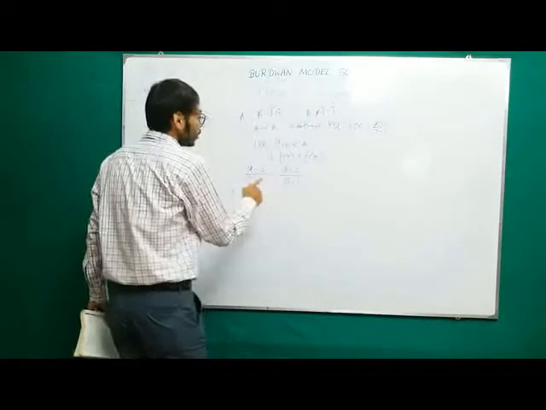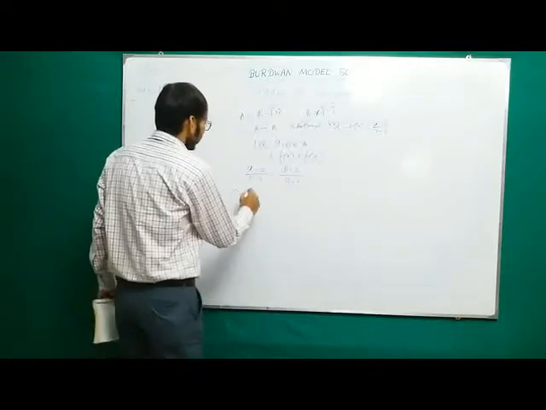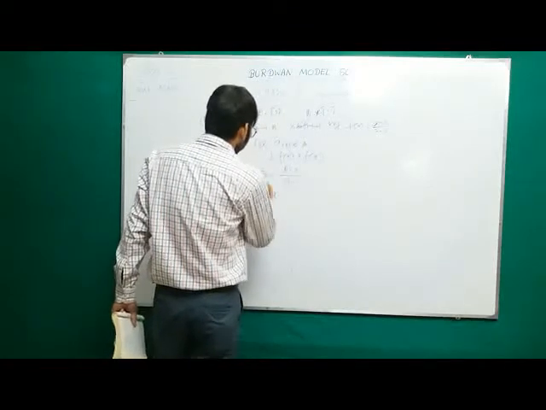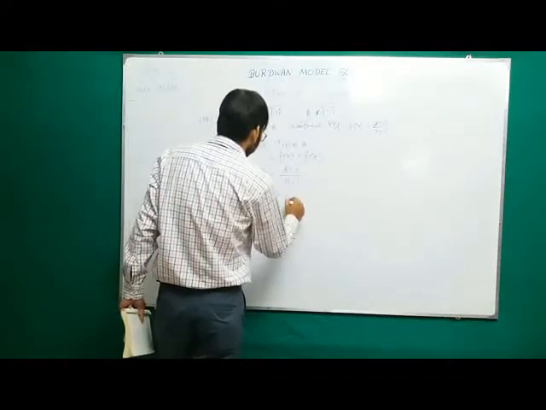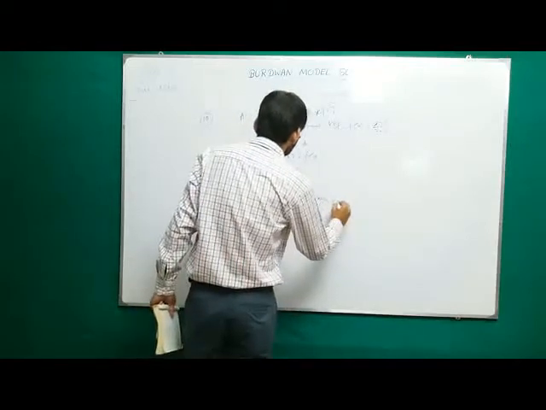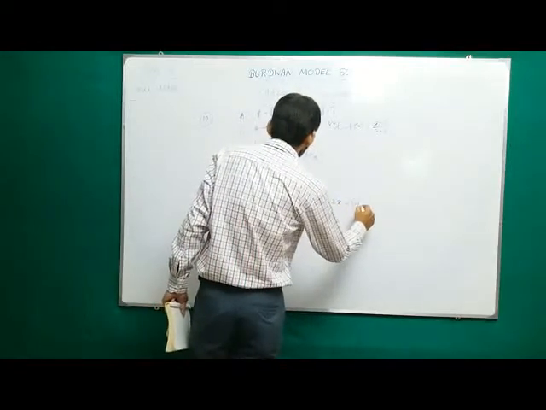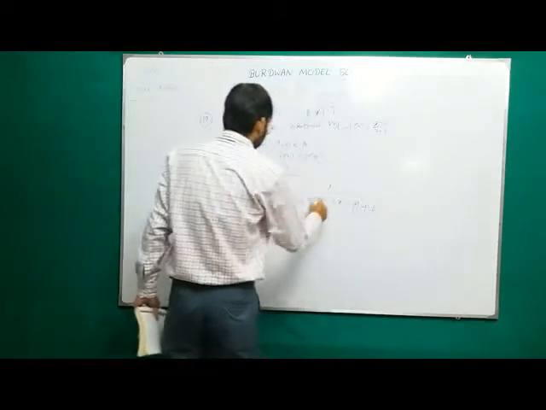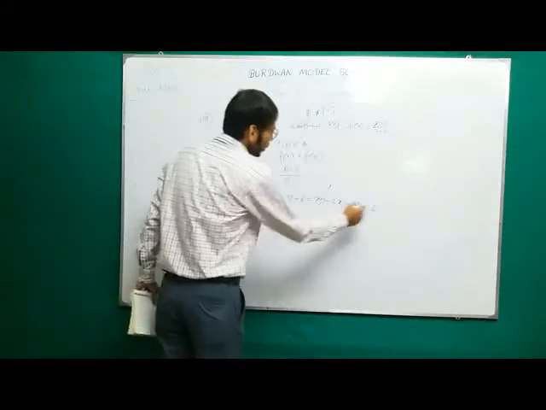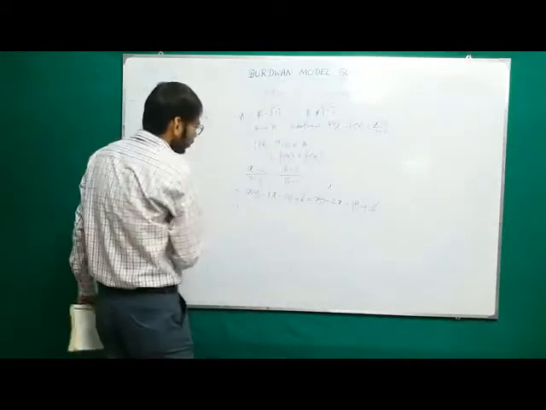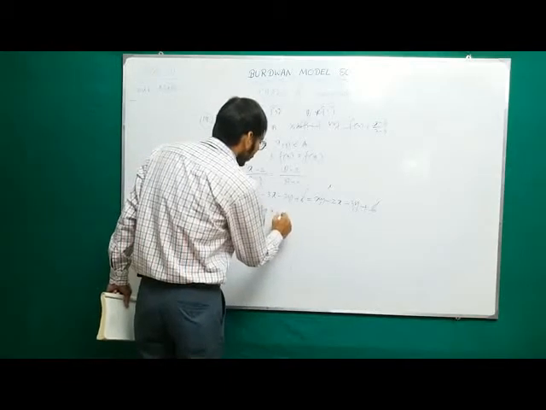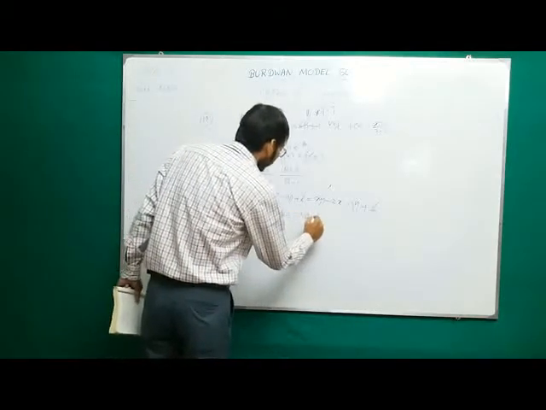Now I have to do the cross multiplication. xy minus 3x minus 2y plus 6 equals xy minus 2x minus 3y plus 6. From both sides you can see that xy is cancelled out and also the 6 is cancelled out. Now simplifying, we get minus 3x plus 2x equals minus 3y plus 2y.